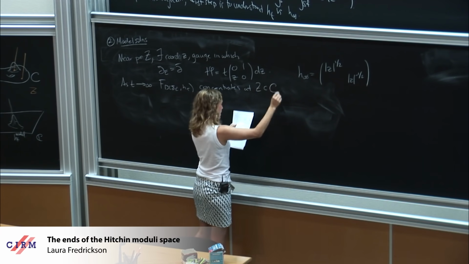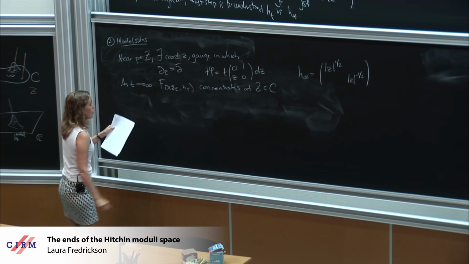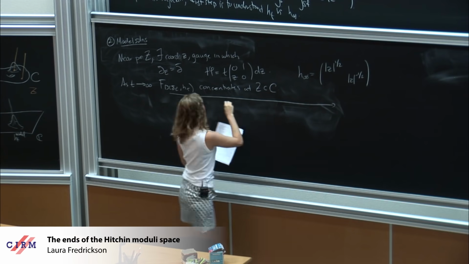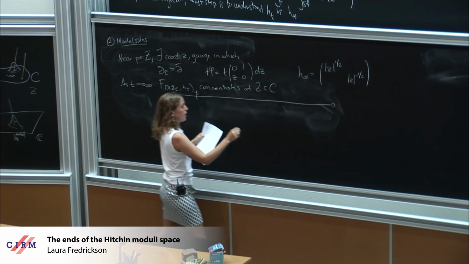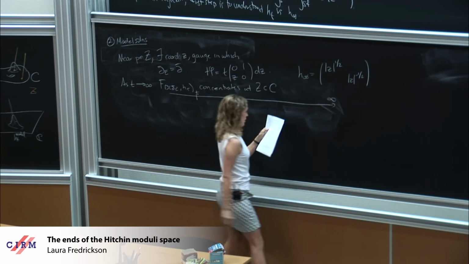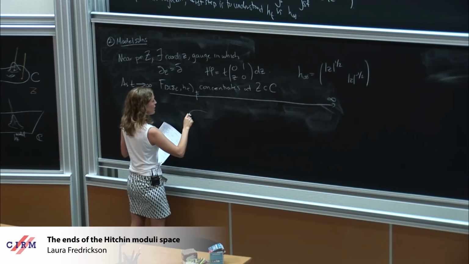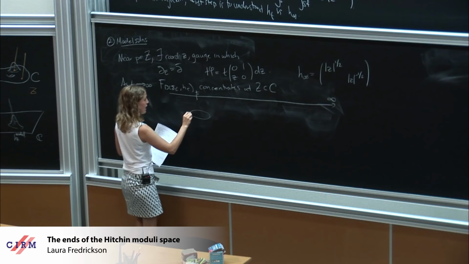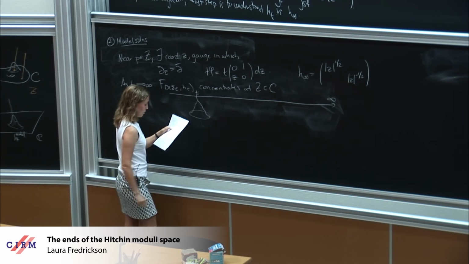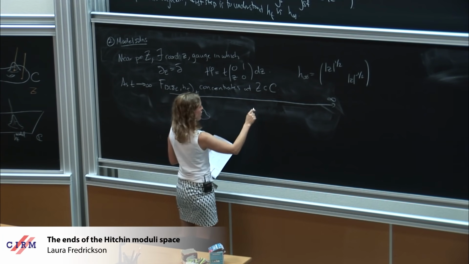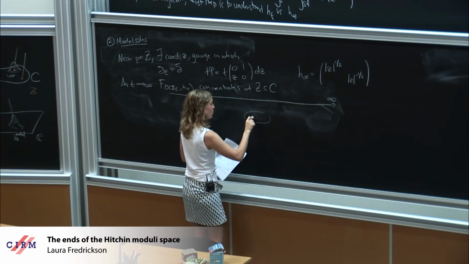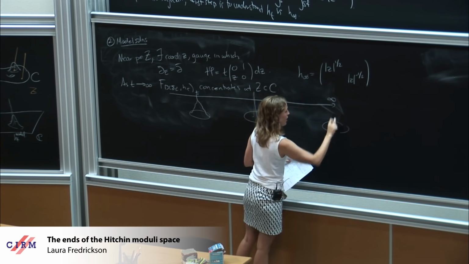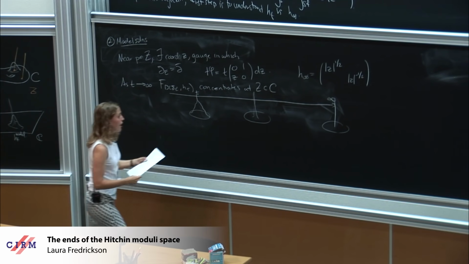So I want to describe how you can recover a model solution. So we have t, and here's infinity. On some little disk, to start with, your ht looks something like this, and then as you go a little farther out, it gets more concentrated, and then at infinity, it's fully concentrated at the point.